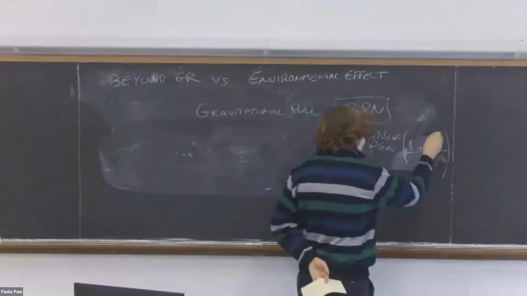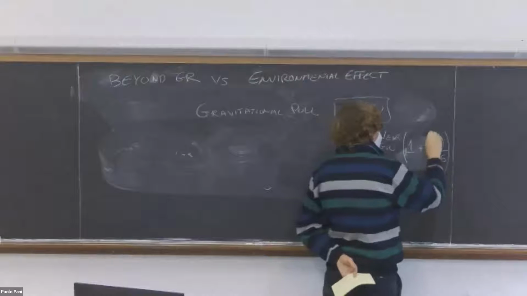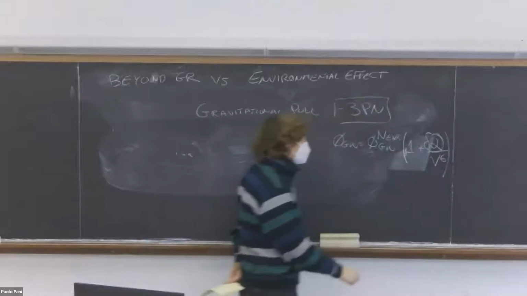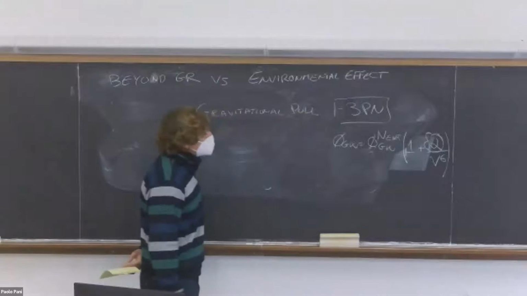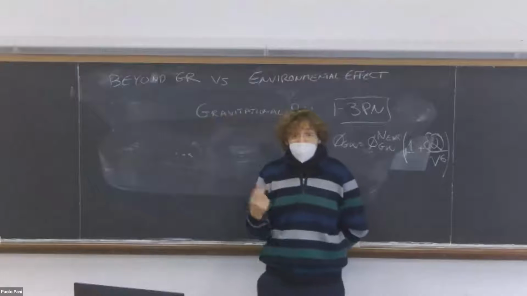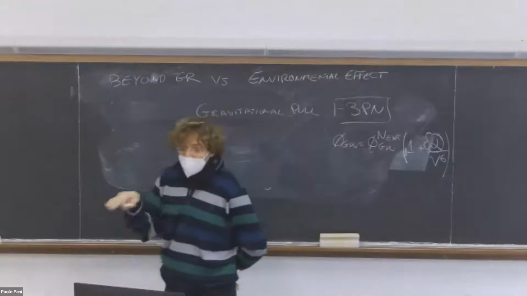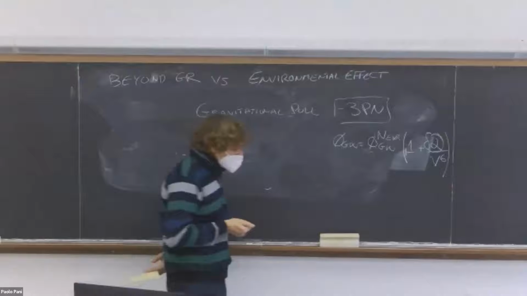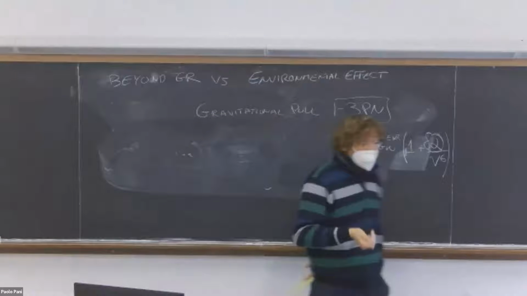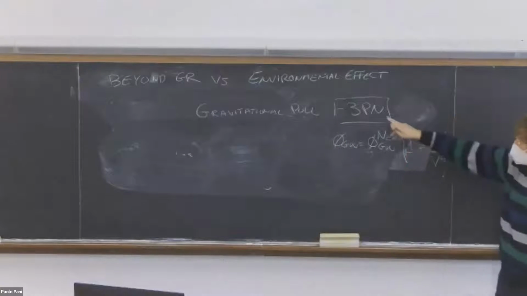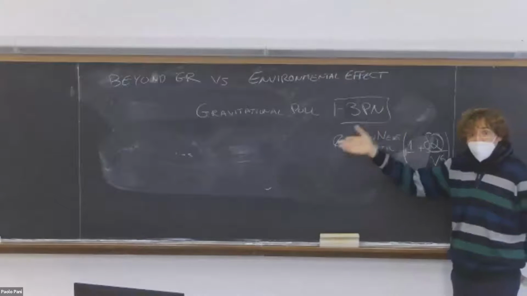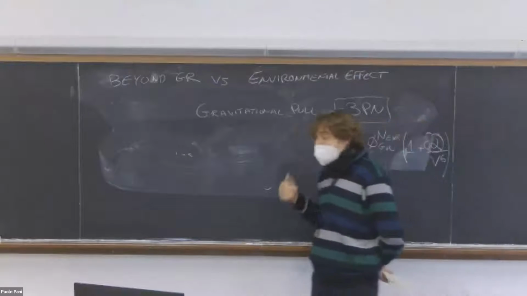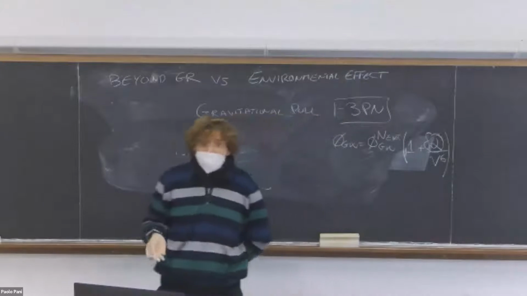And this coefficient alpha here, let me call it delta alpha to follow the notation we had yesterday, will depend on the density of the matter configuration around the binary. If this density is so small, then even if this effect is very strong at small velocities, it would be totally negligible.